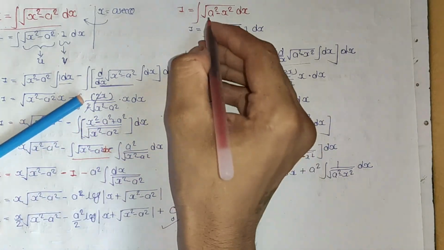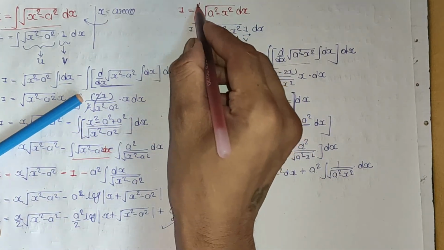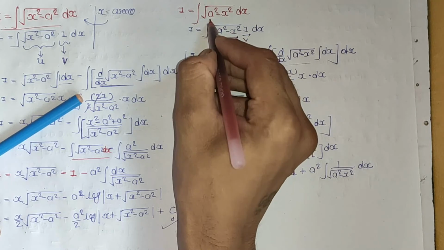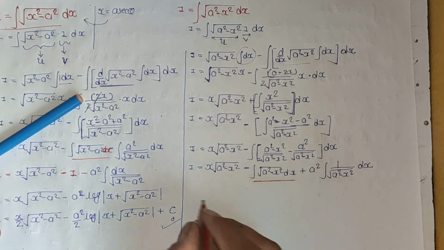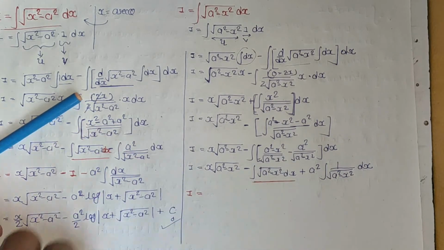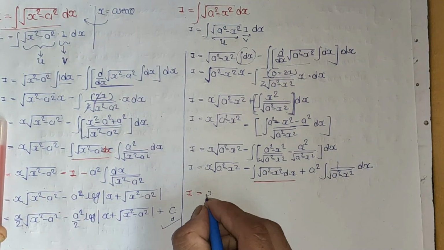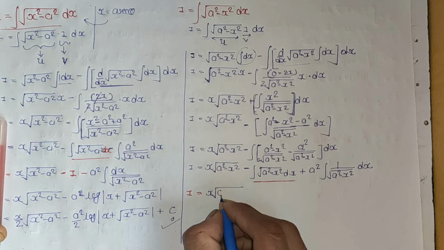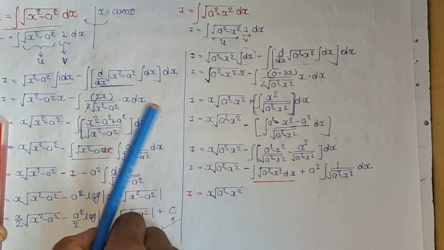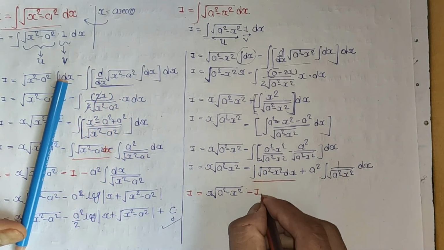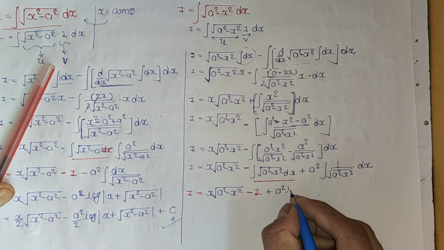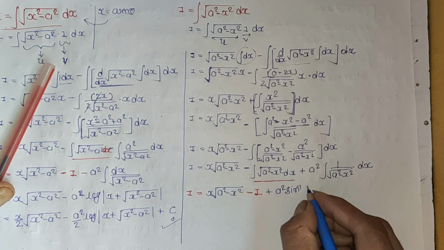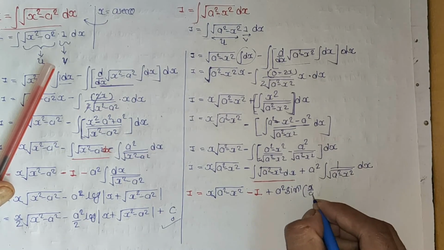Look, I equals integration of square root of a square minus x square dx, and this is I. Now I equals x square root of a square minus x square minus I plus a square, and this will be sine inverse x by a.